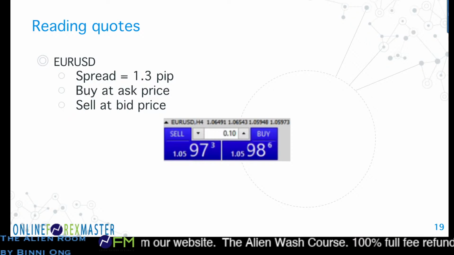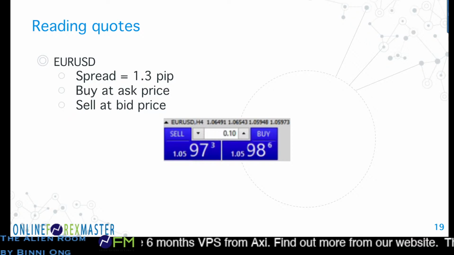Let's say, for example, the raw spread is 0.5. After the broker markup, maybe the net spread to you for euro could be 0.9 or 1.0, but it must be a reasonable number.